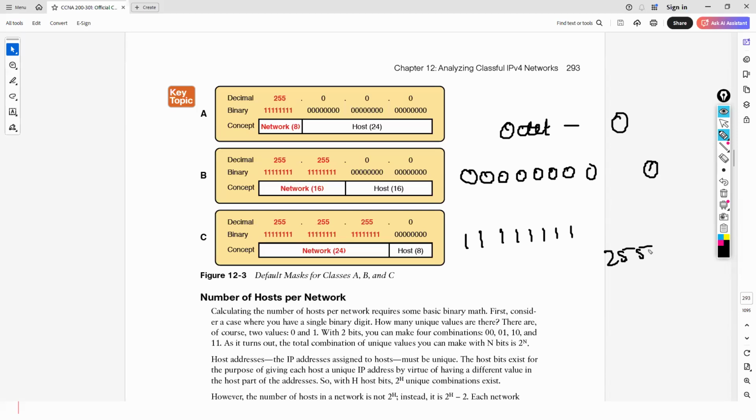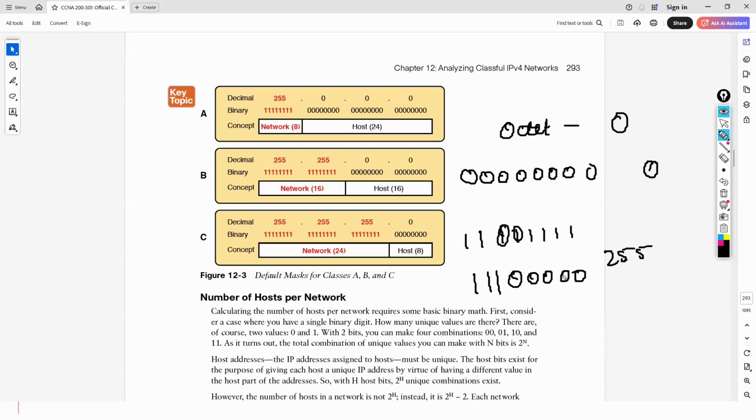What if I have a number which is like 0 0? Will that be counted as a network part? No, it will not be counted as a network part. So whenever you are writing an address mask, you should choose a number where all the ones are on one side and all the zeros are on the other side.